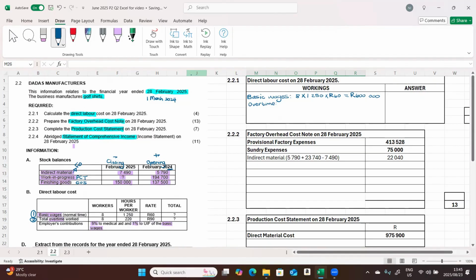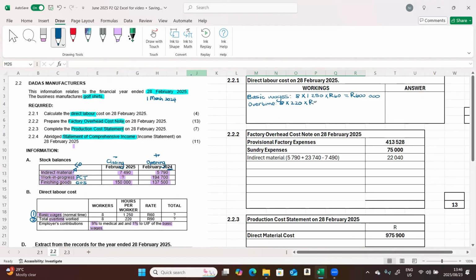So overtime. How many workers worked overtime? 8 workers once again. So we are going to say our 8 workers. What were the hours of overtime that each of them worked? 220. Remember, it's per worker. So it's times 220. And then we multiply that with what we pay them per hour, and that is 90 Rand.